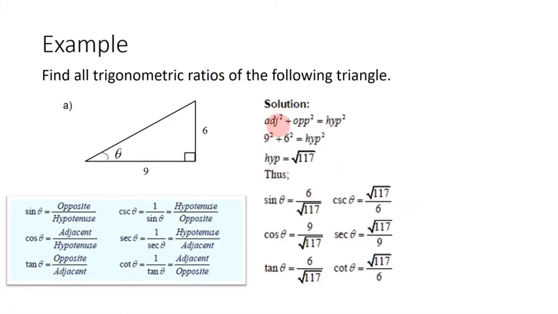We know that adjacent squared plus opposite squared equal to hypotenuse squared. Adjacent value is equal to 9, opposite value equal to 6, and by substituting in this formula we get hypotenuse equal to square root of 117. To find all the trigonometric ratios, we just apply all these formulas and we get this answer.